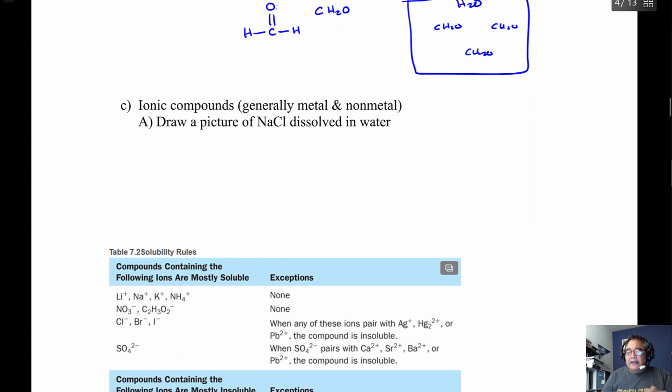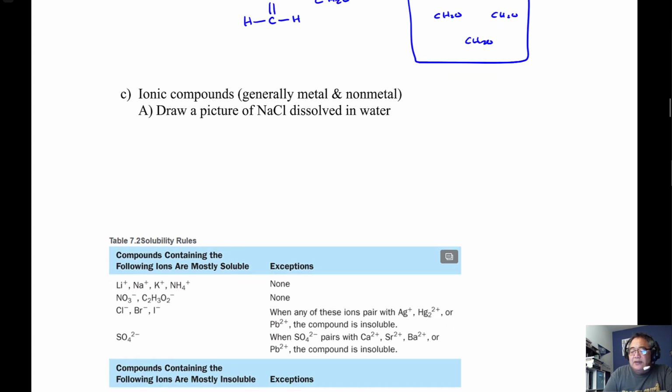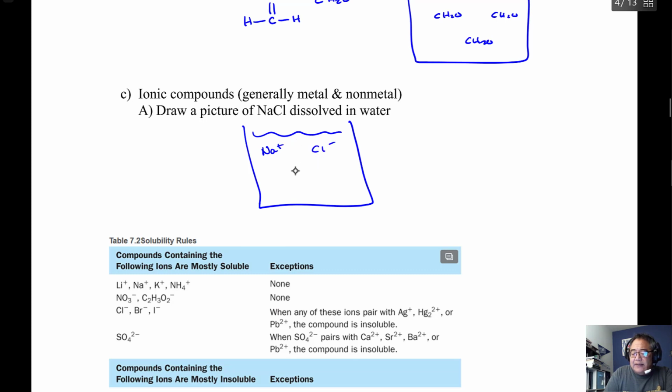When you have ionic compounds that dissolve, generally a metal and a nonmetal, then if I take sodium chloride, for example, and put it in water, the sodium ions will separate from the chloride ions. The solution will still be electrically neutral because compounds are electrically neutral, but when it dissolves, it creates this soup of ions.